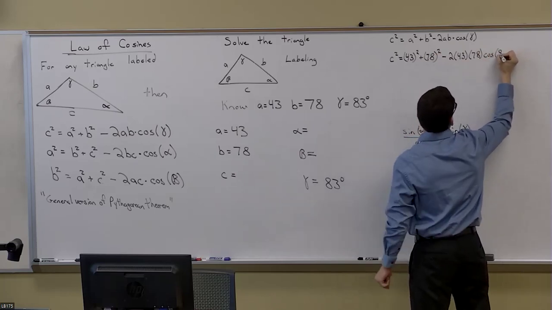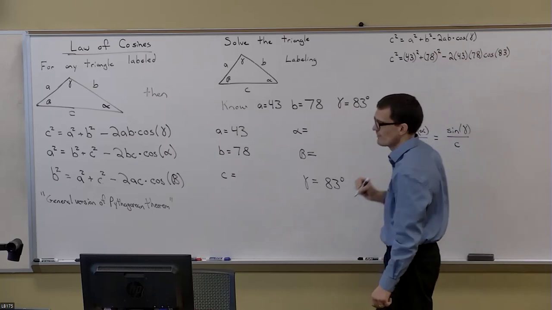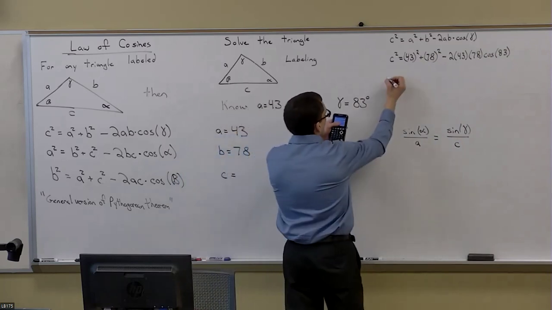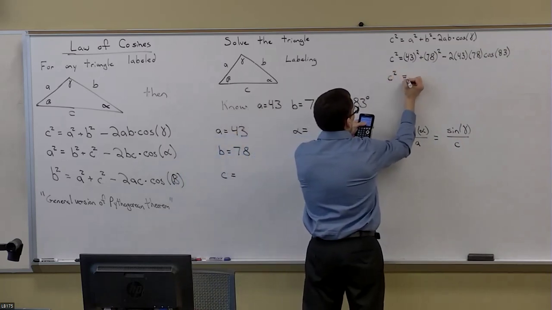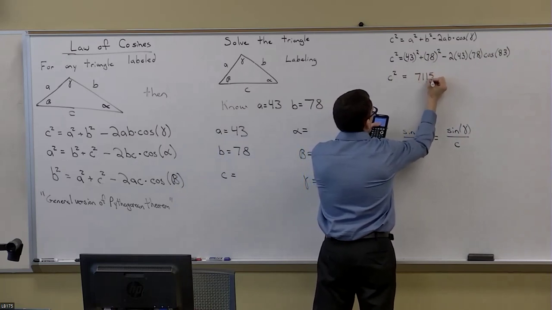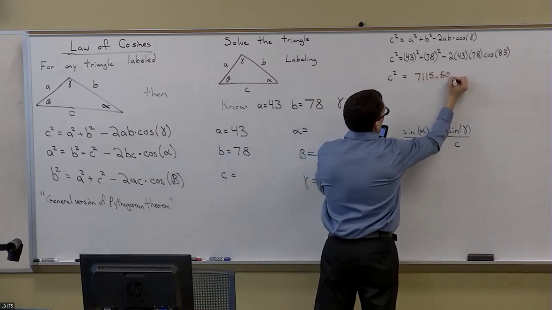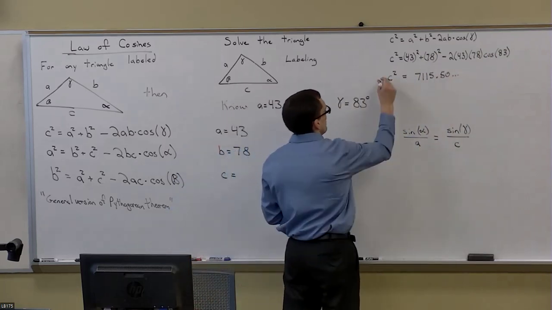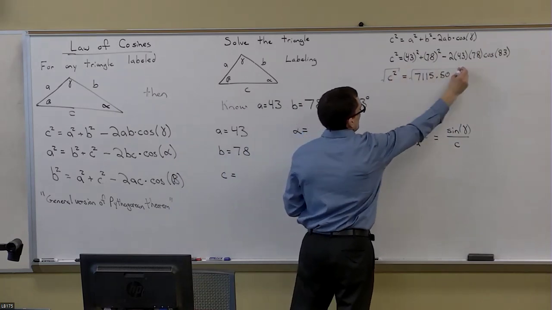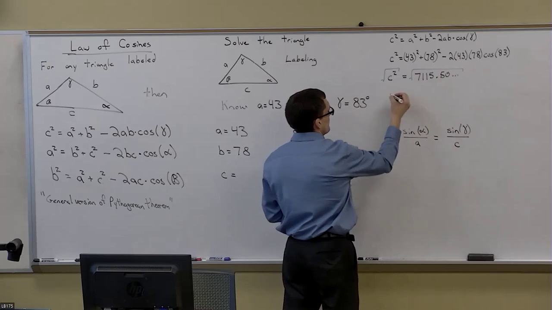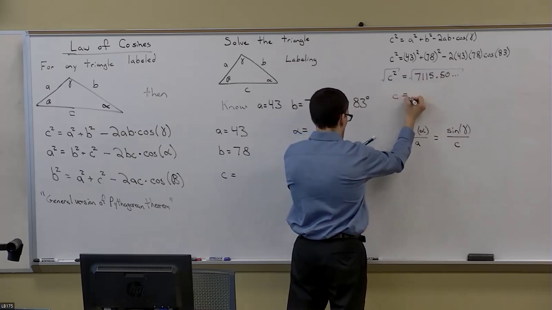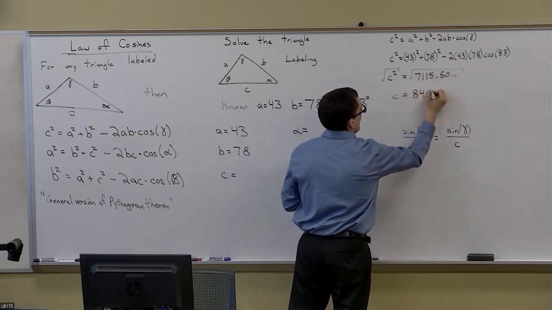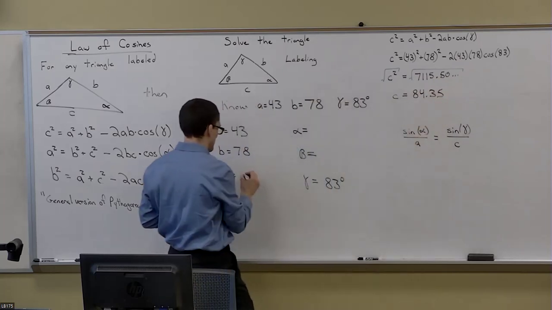And gamma is 83 degrees. When I typed all of that in, I got c squared is equal to 7115.50. And then I take the positive square root of both sides, because this has to be a length, has to be positive. And I got about 84.35 for my C.